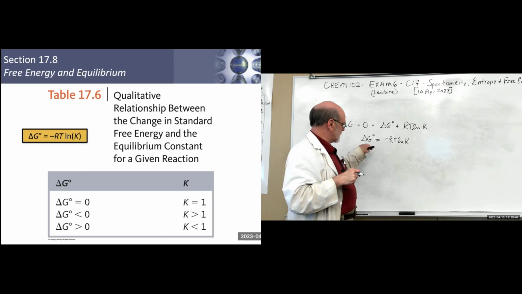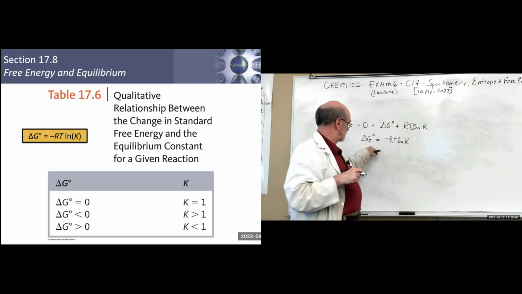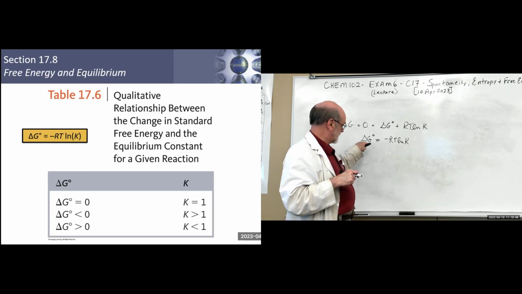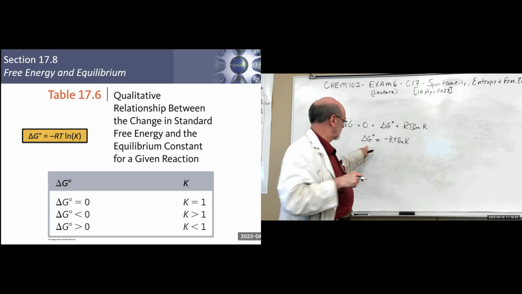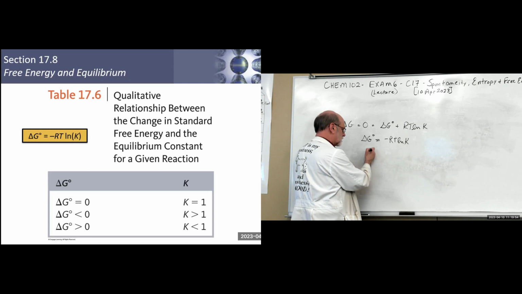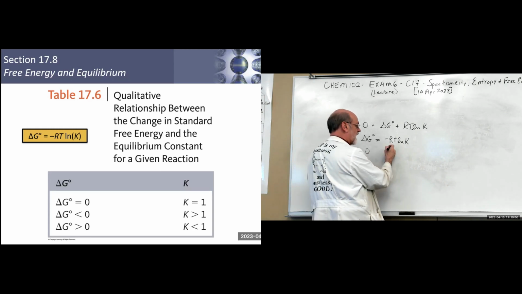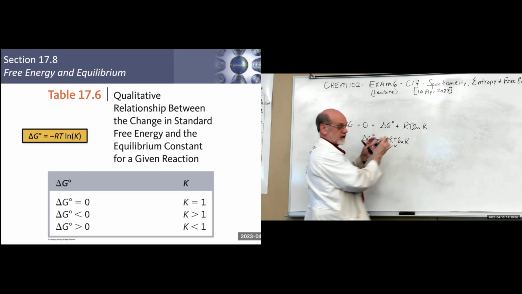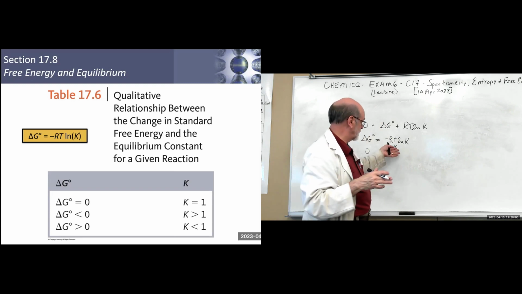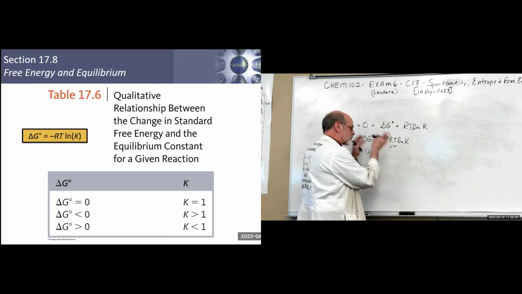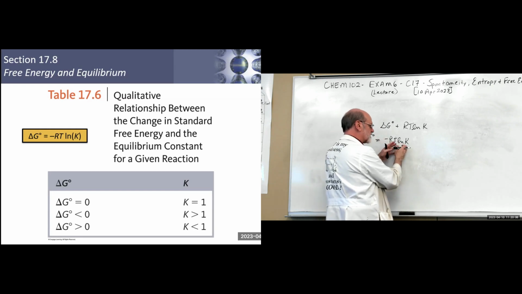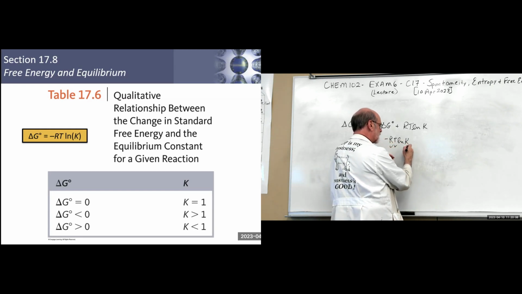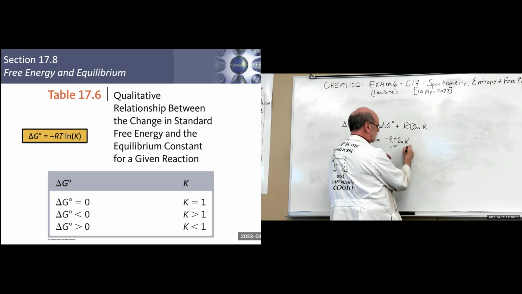If delta G 0 is equal to 0, then K is equal to 1. Because if this is 0, then this is a value, and this is a value, right? We can't do anything about that. So how can we make this side equal to 0? The only way we can make this side equal to 0 is if K equals 1.